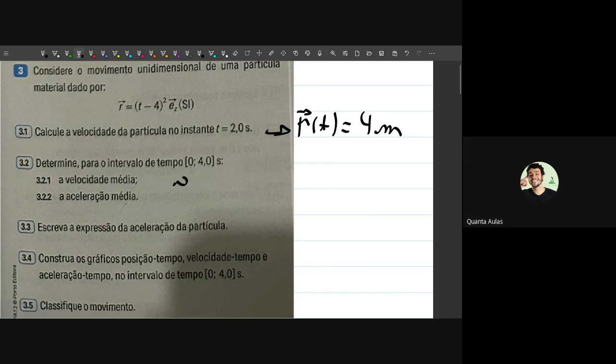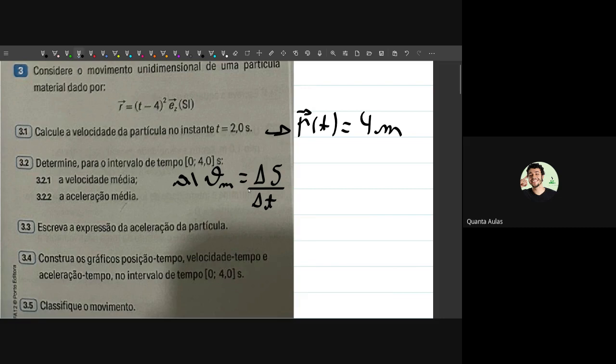Mean velocity is displacement divided by time.